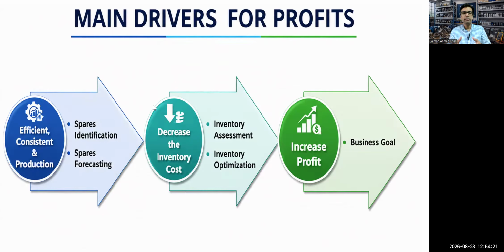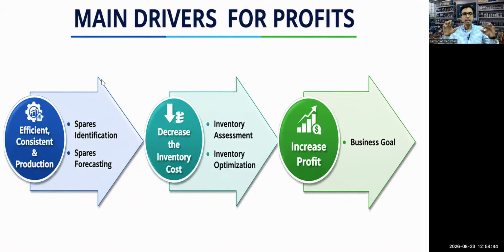So why do we do the spare planning? We do the spares identification and spare forecasting for efficient, consistent, and better production. And why we do the inventory assessment and optimization is to decrease the inventory cost while maintaining the minimum spares for profitability by having the maximum production.